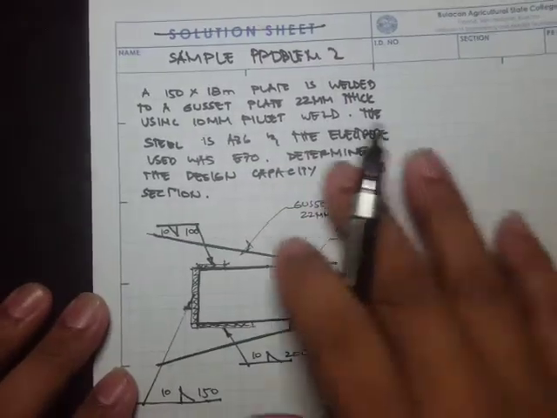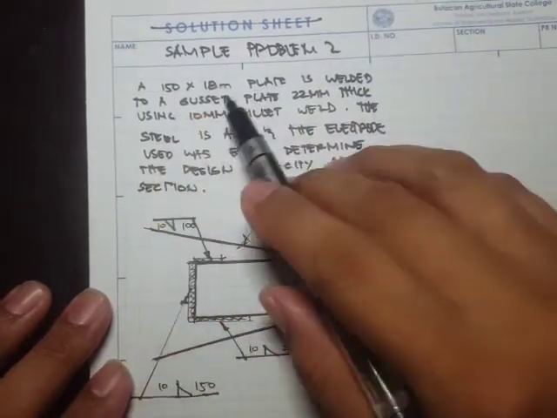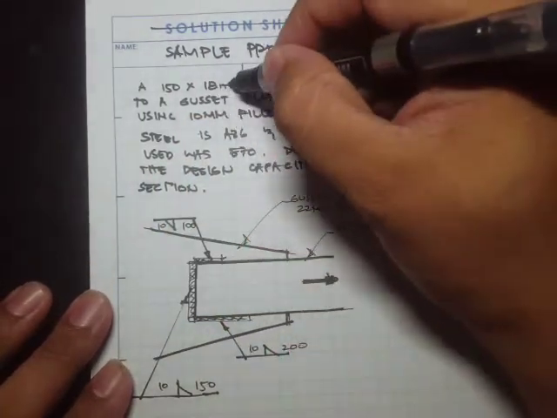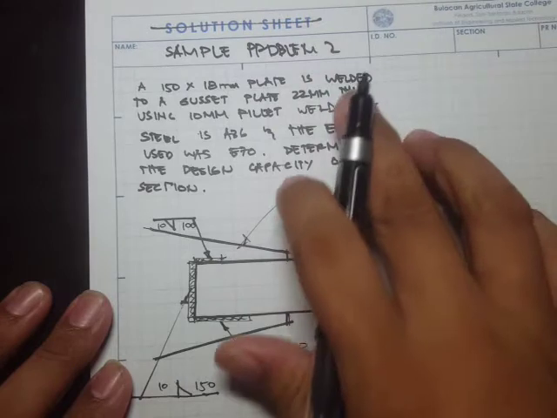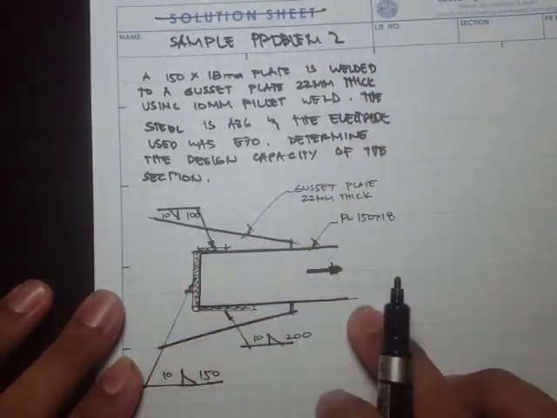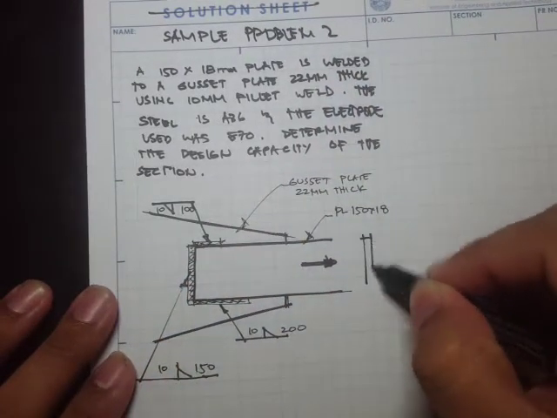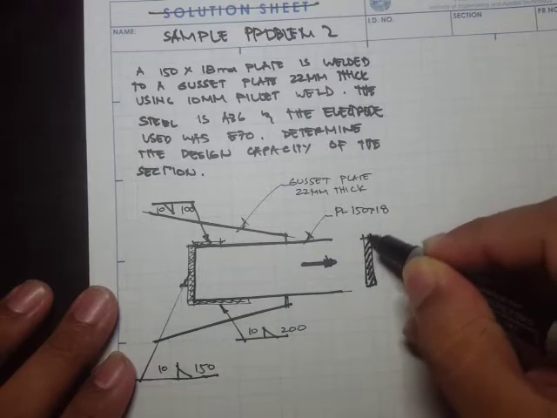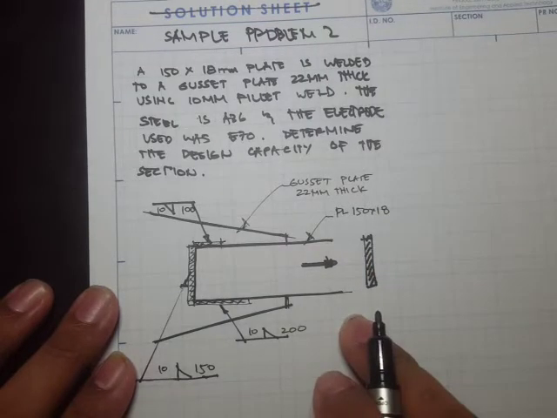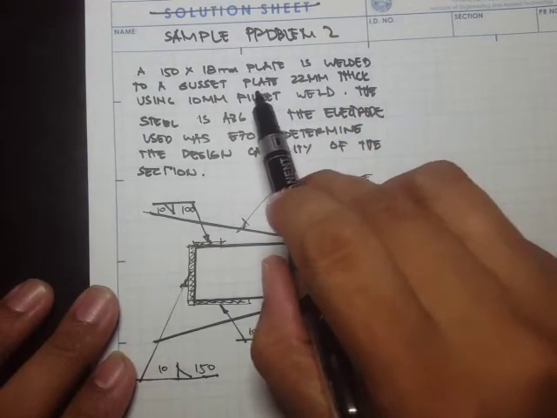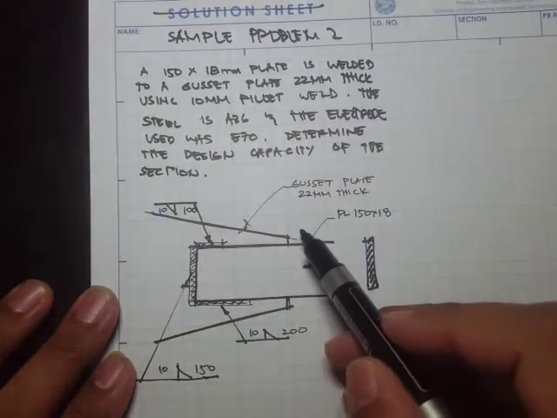Okay, so the problem says we have a 150 by 18 mm plate. So this is our plate, so meaning that the cross section is just something like this, and it's welded to a 22 mm gusset plate.